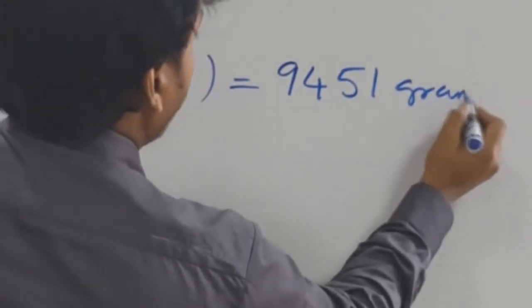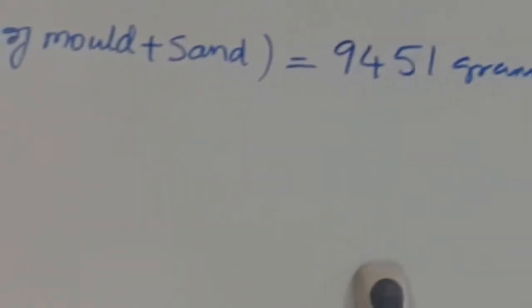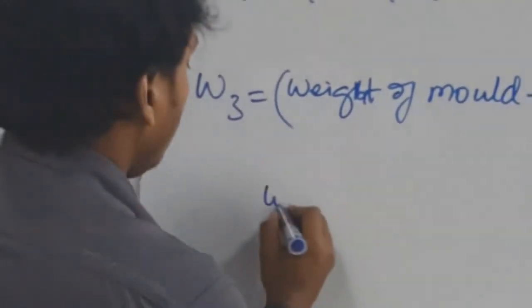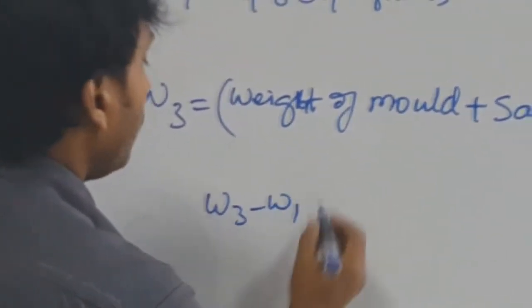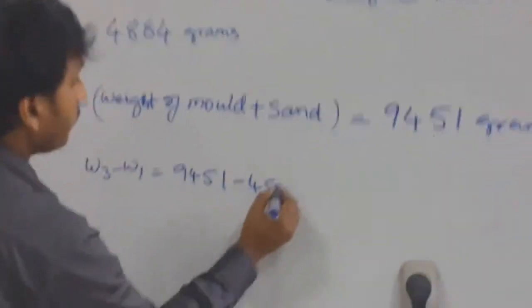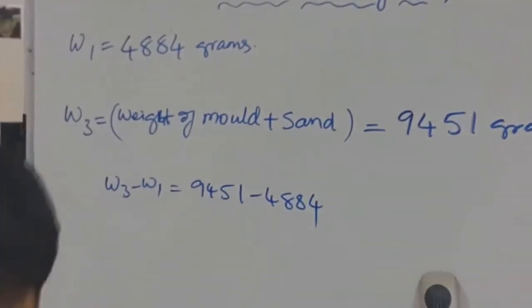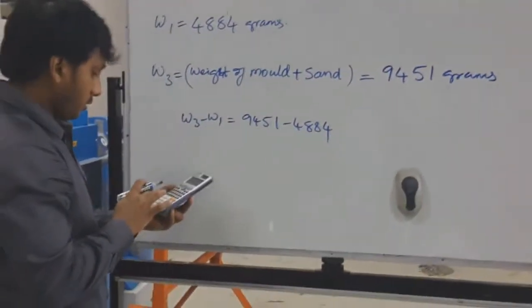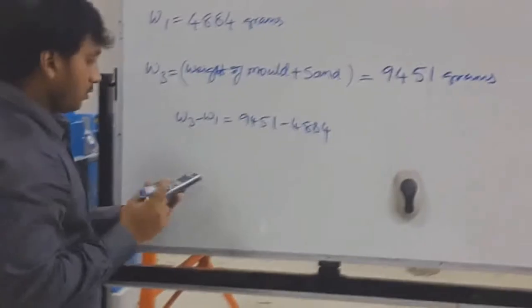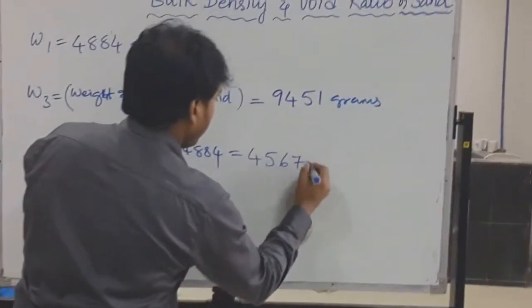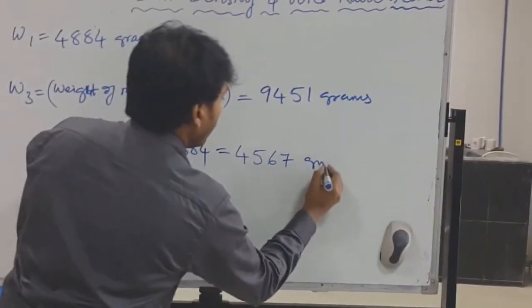Now to get the individual weight of sand, W3 minus W1: 9451 minus 4884. So the individual weight of sand is 4567 grams.